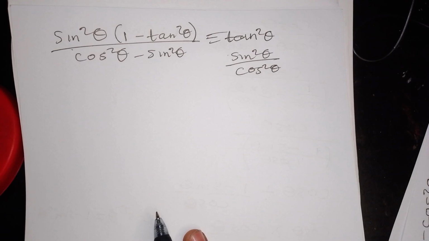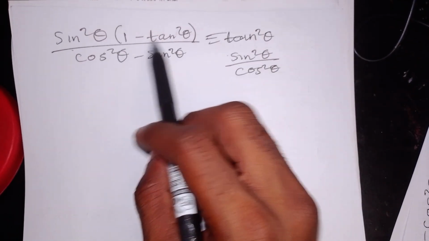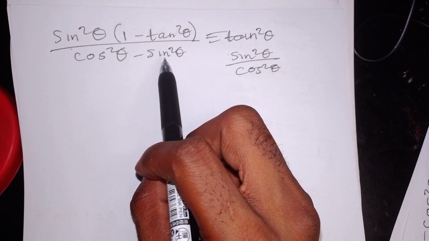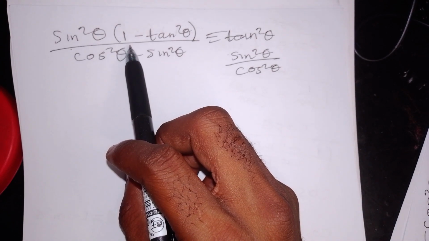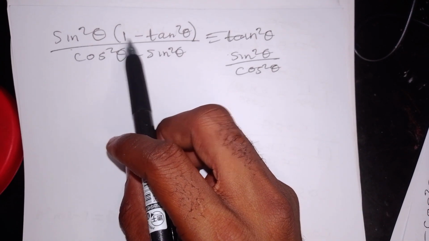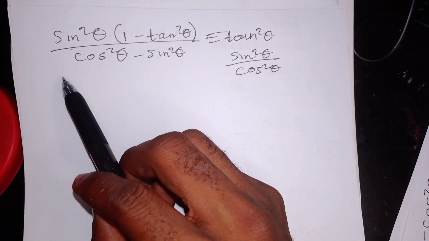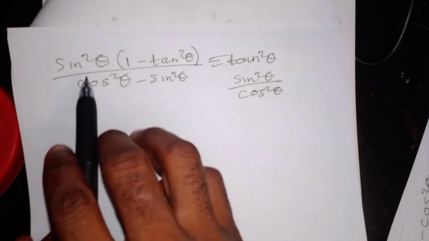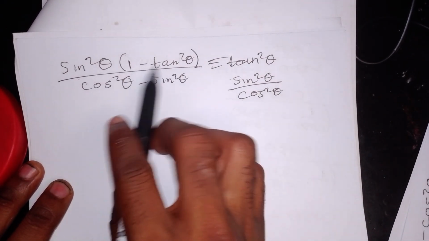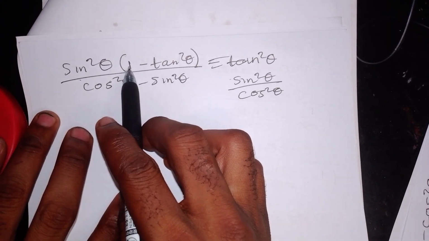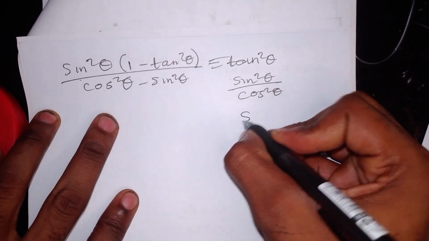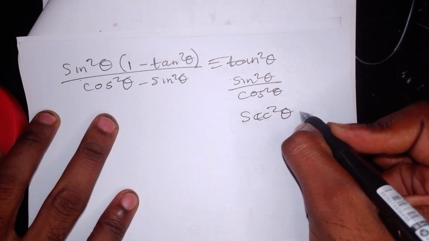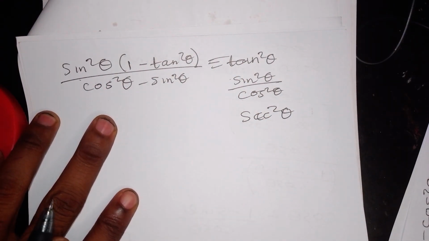Maybe we can start by changing this to, okay, we don't need sec. Okay, maybe we can just change it to sec, because remember sec squared, no, it's not a good idea.